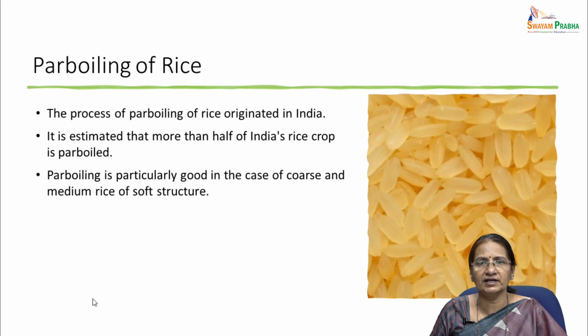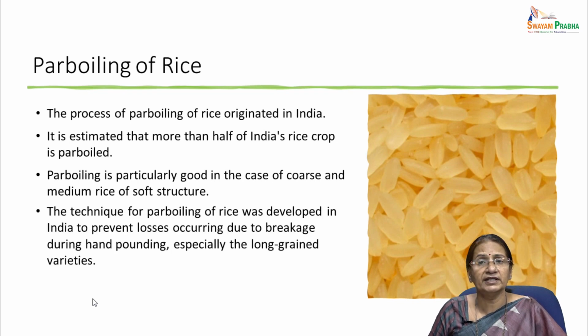Parboiling is particularly good in the case of coarse and medium rice of soft structure because such rice suffers excessive breakage when milled raw. The technique for parboiling of rice was developed in India to prevent losses occurring due to breakage during hand pounding, especially the long grained varieties.